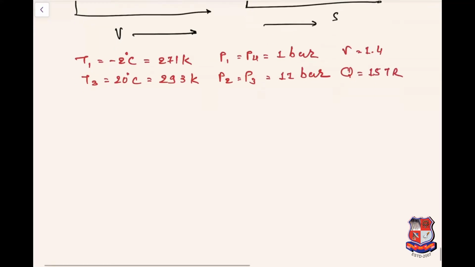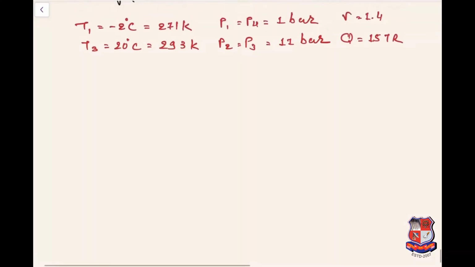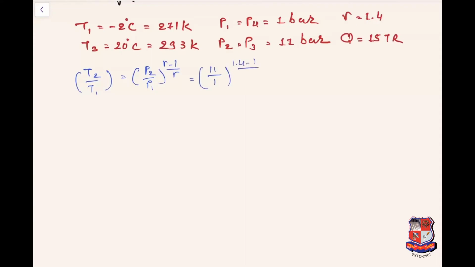As we calculated T2 and T4 in the previous example, in the same way we can find them here also. T2 by T1 is equal to P2 by P1 whole raised to (gamma minus 1) upon gamma, so that is equal to (11 by 1) whole raised to (1.4 minus 1) divided by 1.4, and that is equal to 1.985.